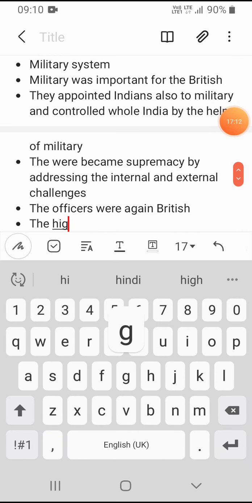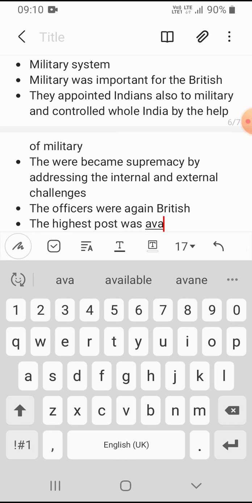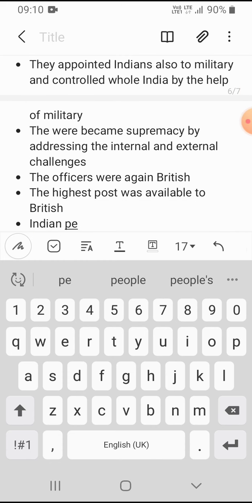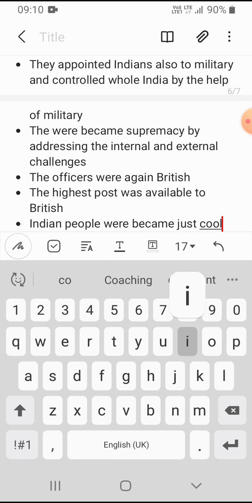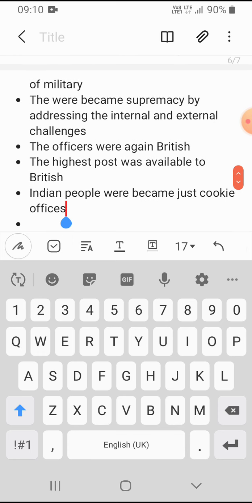The highest post was available to the British, and Indian people became just coolie officers. They were officers. That's all.